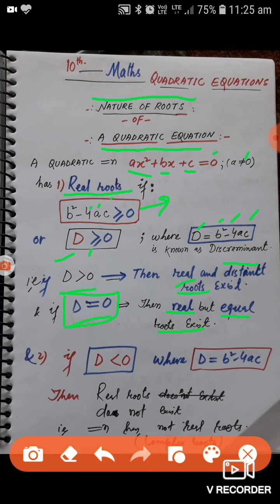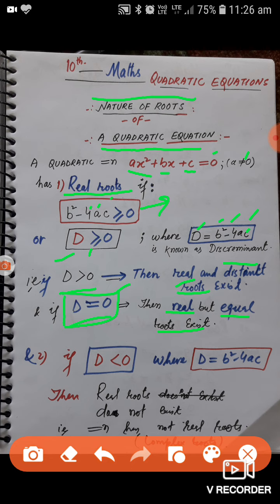So in this case real and equal roots will exist. So real roots may be of two types, either distinct or equal. If d is positive, then distinct roots exist. If d is equal to 0, then equal and real roots exist for a quadratic equation.